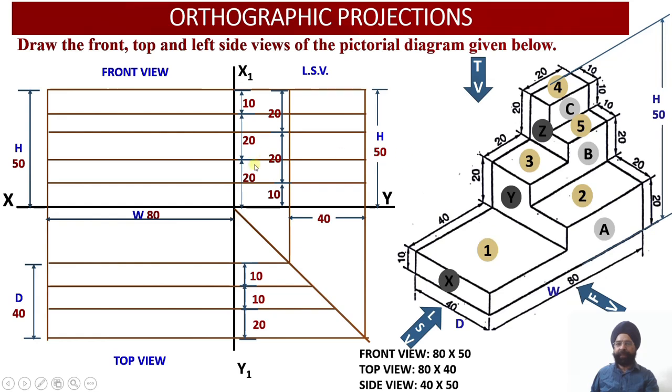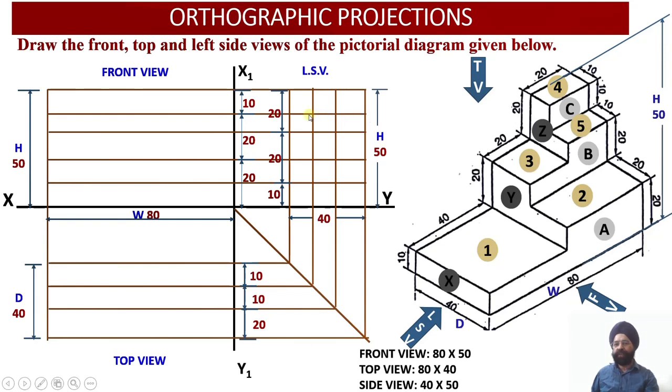The heights we have mentioned in the front and left side view. Depth we have mentioned in the top view, and these dimensions will be transferred onto the left side view. Whatever dimensions are available in the top view will be transferred to the left side view using transfer lines, and whatever dimensions regarding height are available in the front view will all be transferred towards the left hand side view as well.